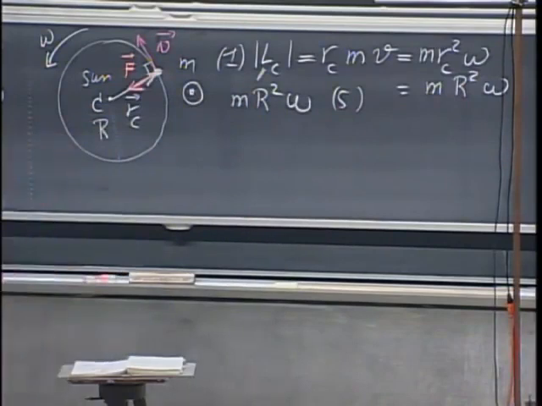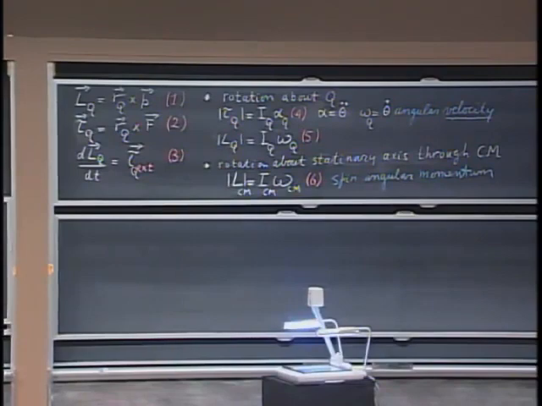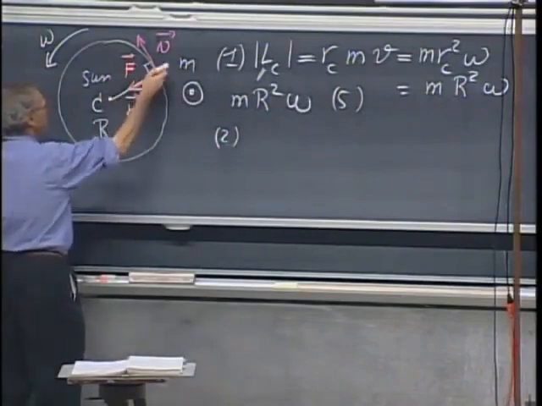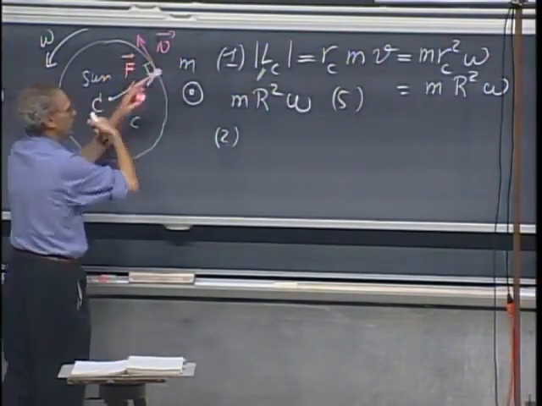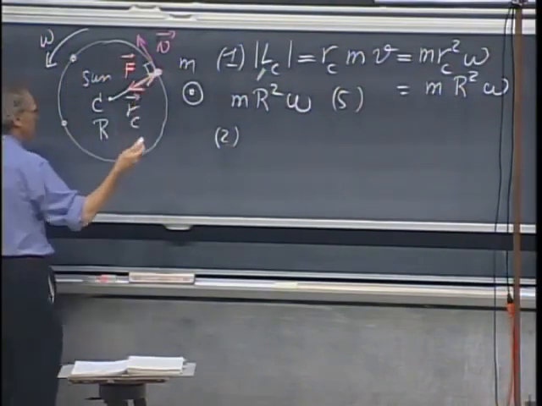If I go to equation number 2, then equation number 2 is telling me that if I choose point C, but only if I choose point C, that the torque relative to point C is 0. Equation number 2, because the force and the position vector make an angle of 180 degrees with each other, whether the object is here or here or here, that makes no difference.